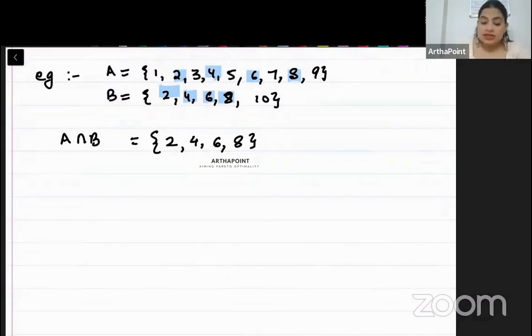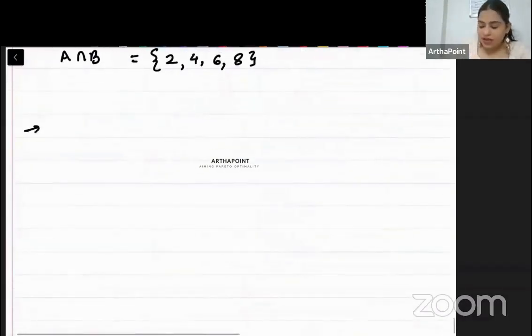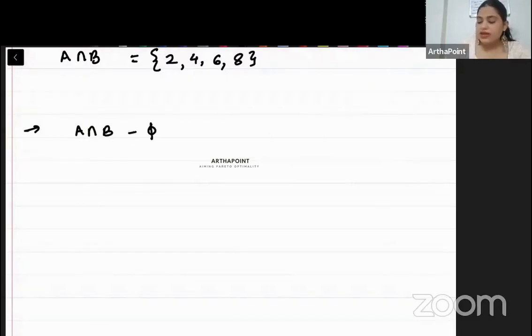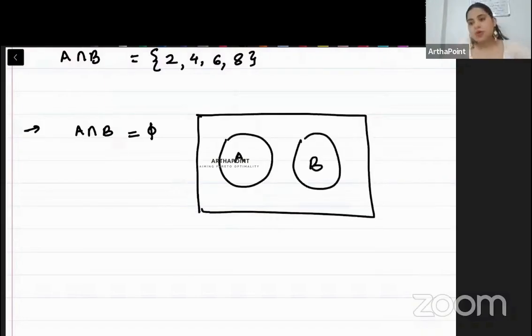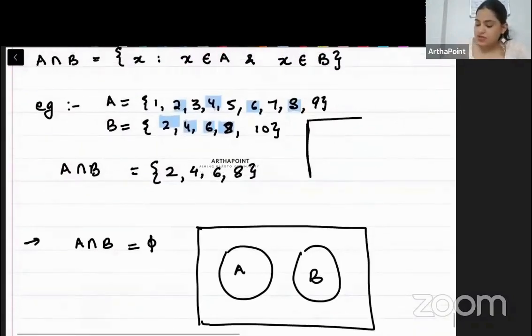Now, supposedly you go ahead and you get that A intersection B is coming as 5. Sorry, yahan se not equal to hatao. That means A intersection B is coming as a null set. There is nothing common between A and B. How do I represent this beta in a Venn diagram? This is A and this is B. There is nothing common between them. Isko kaise represent karte?